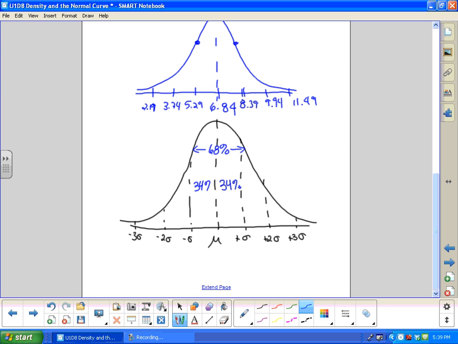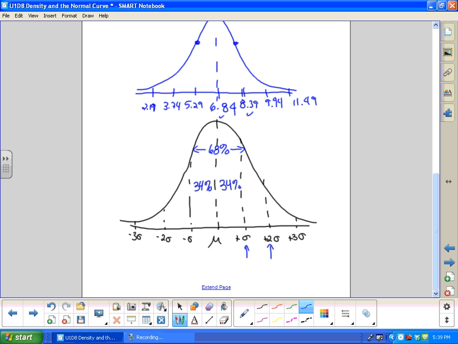So if I asked you what percent of the data falls between 6.84 and 8.39, you should be able to tell me that's 34% of my data, because it's between the mean and one standard deviation, so it's half of 68.